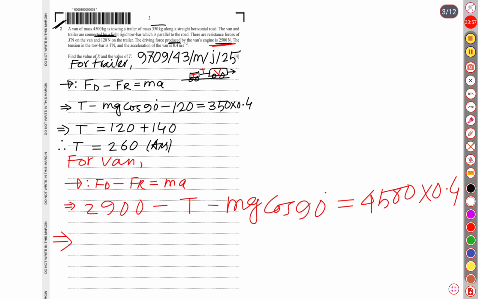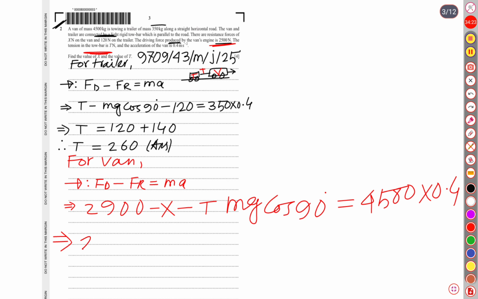Now let us substitute the values, and we skipped actually the frictional force on the van, which is X. So let it be substituted over here. It is minus X, the frictional force, and the tension is also causing resistance to motion.